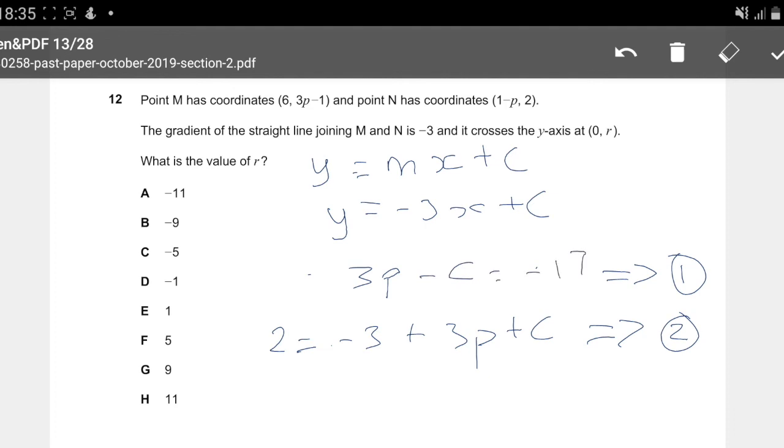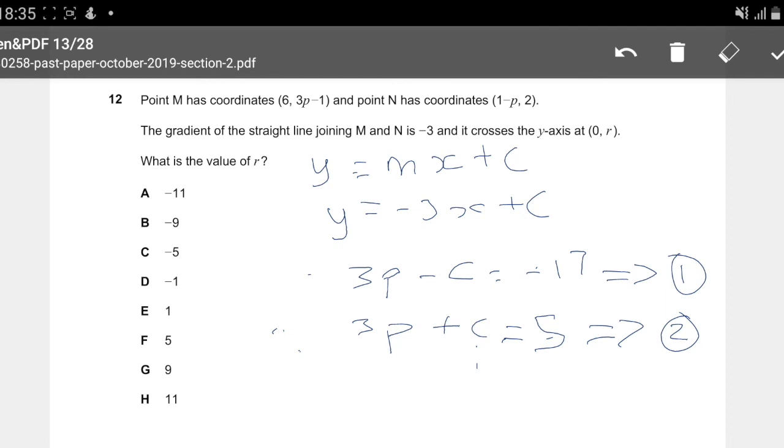That's our new equation 1, more like saying rearranged equation 1. And now I'm going to give the same treatment to statement number 2. That will go to 3p plus c is equal to 5.